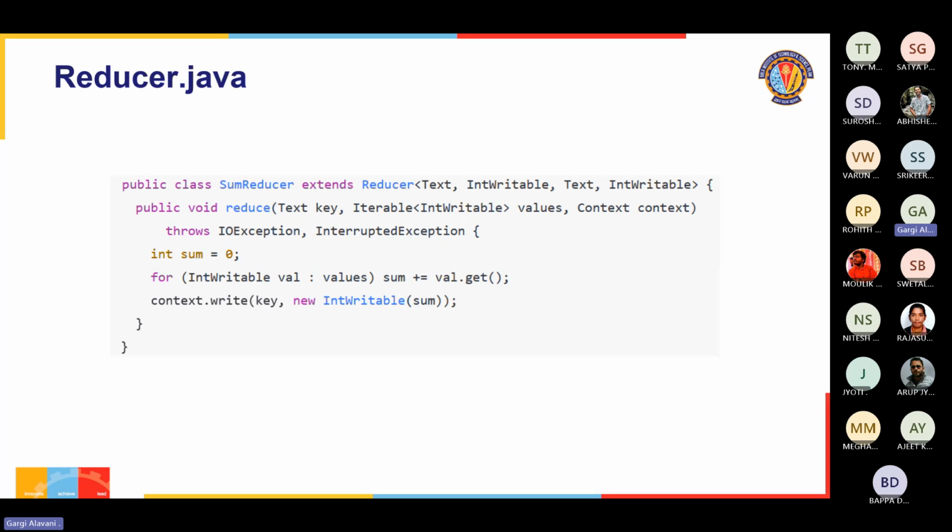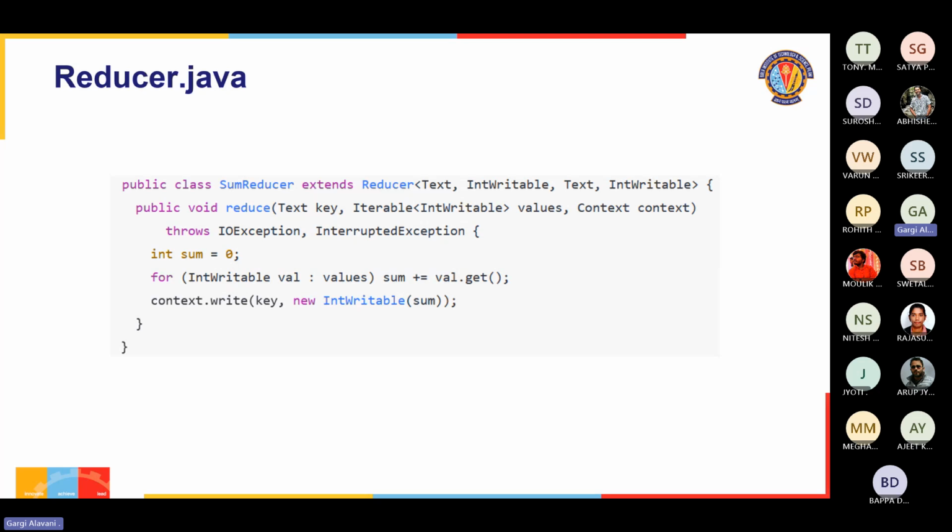The purpose of this function is that we receive all the values for the same key, which are grouped by Hadoop. Then we aggregate these values to produce a final output, which is a key value pair. In the word count example, it sums up all the ones that we had created in the map function, and summing up all the ones will give you the count.